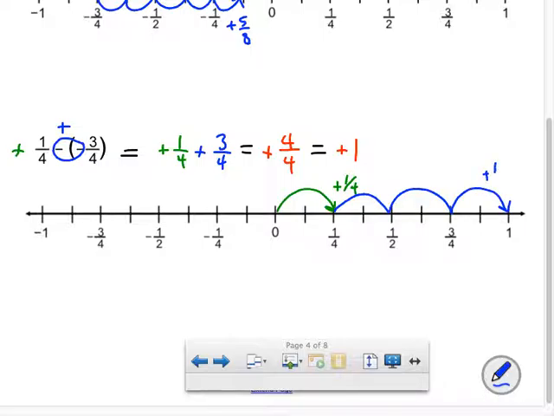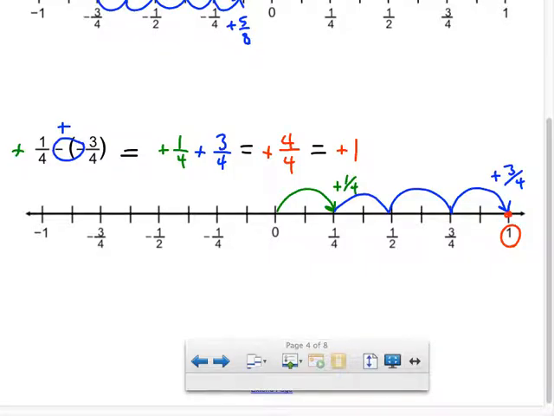So plus 3/4 leaves me at 1. That's my answer. Okay, positive 1. Any questions about that?